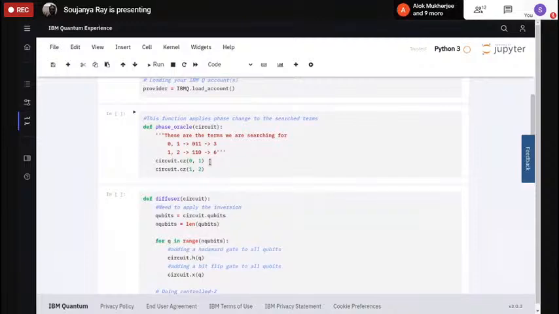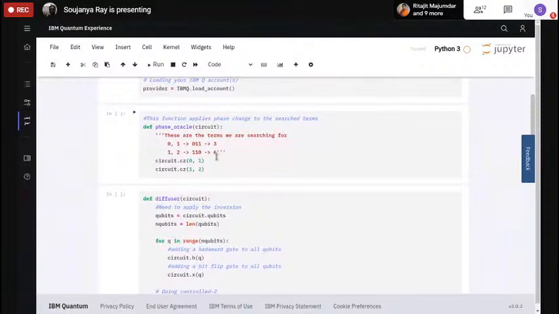Now, remember, we discussed the algorithm for 2 qubits, and here I'm showing you the algorithm for 3 qubits. Now, 3 qubits means we have got 8 numbers from 0 to 7, and manipulating this, we can state which number you're searching for. Here 0 and 1 states 0, 1, 1, and that stands for 3. And here 1, 2 states 1, 1, 0, and that stands for 6.